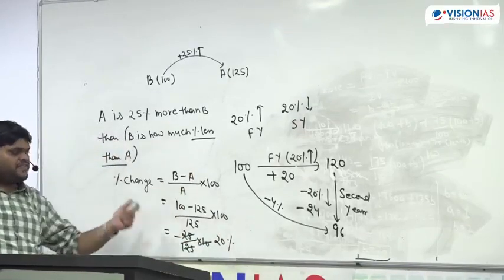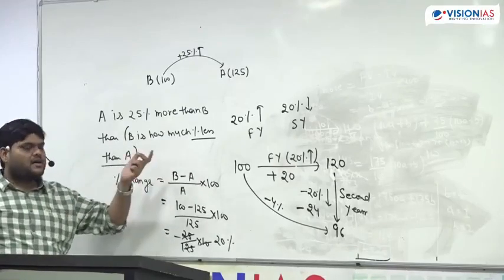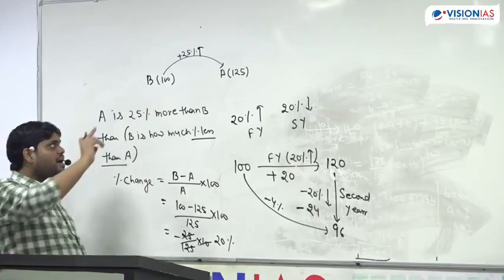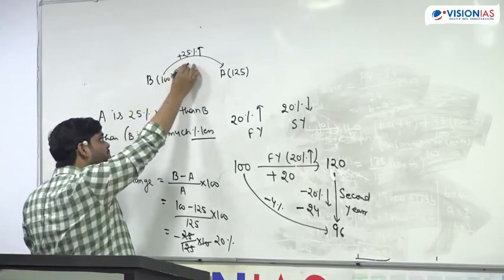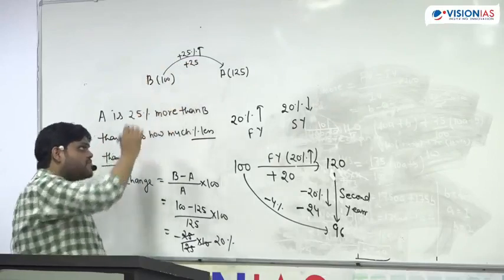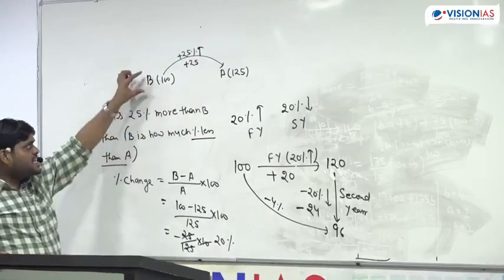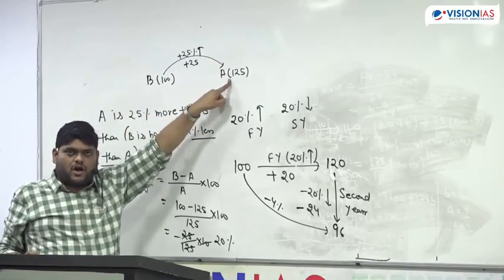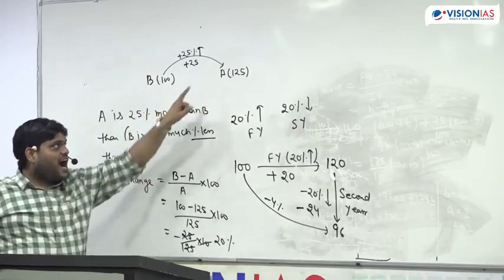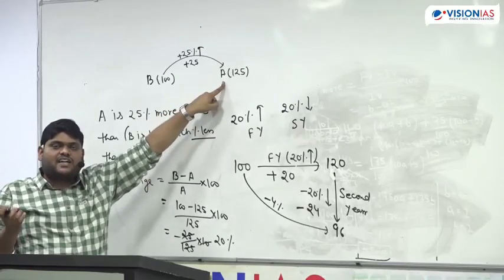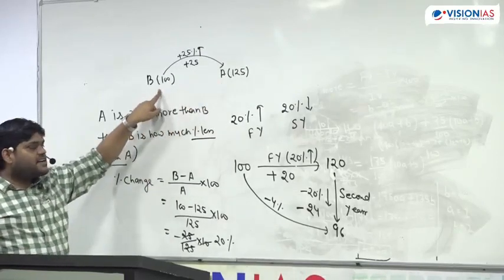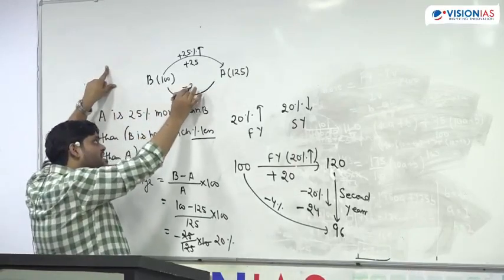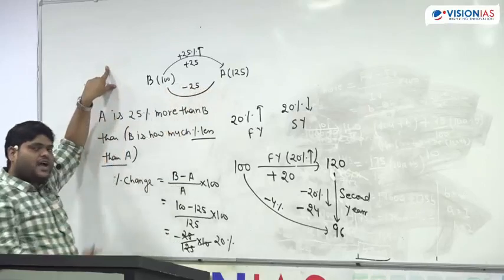The previous question which we have taken, the same logic is applied here. Listen very carefully. We are increasing 25%, that means we are increasing 25. Now the question is, this value is how much percent less than this value? Or this can be said like this, how much percent we will decrease in A so that we reach B. So we have to decrease the absolute value of 25 itself.